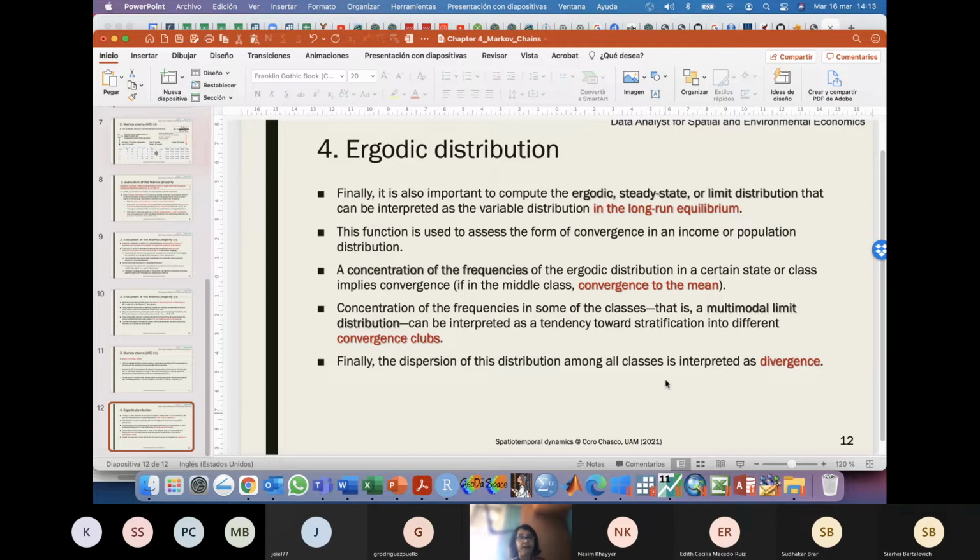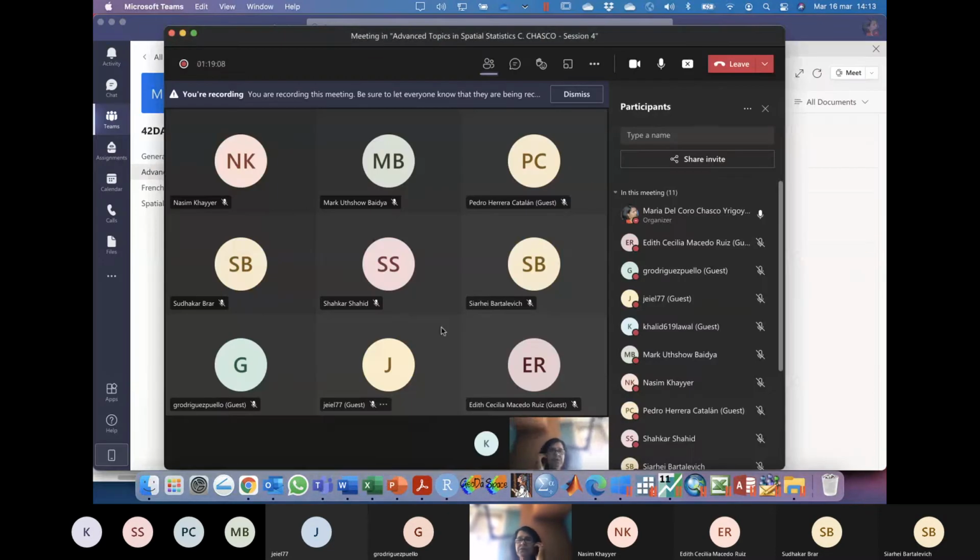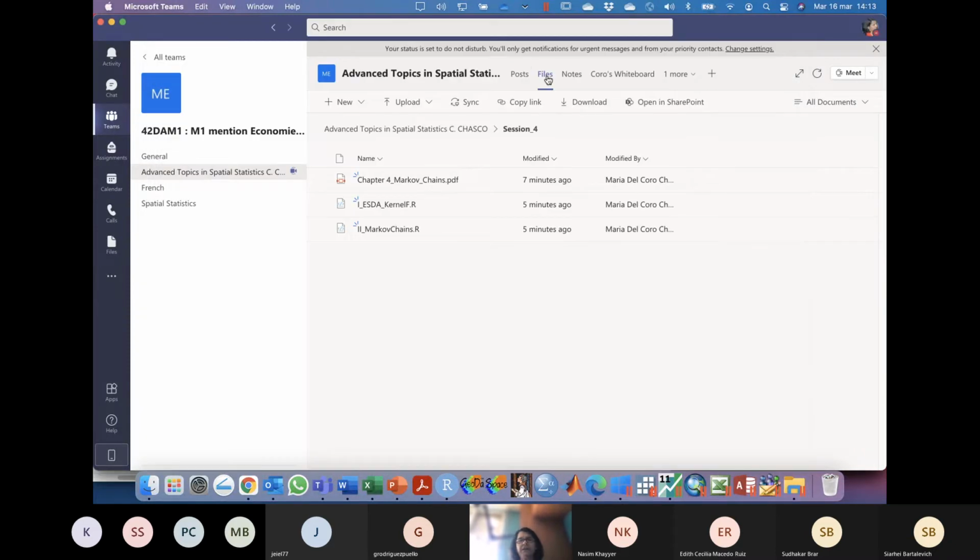Yeah, okay. And so let's go now. Something that I would like to say: I have refined the slides. Go to Microsoft Teams, here in the files menu.